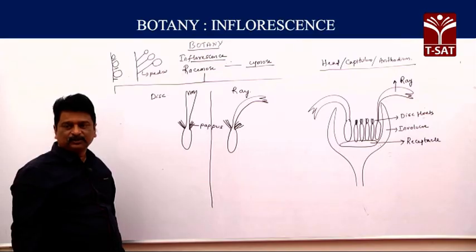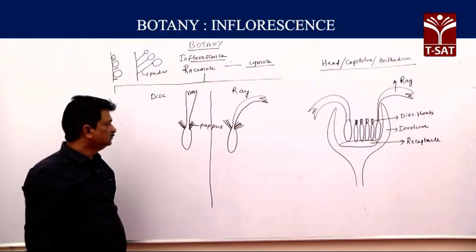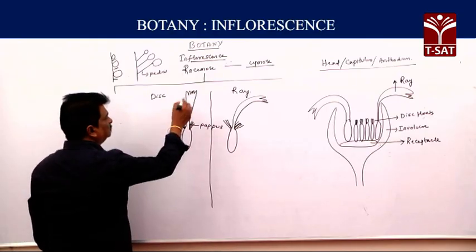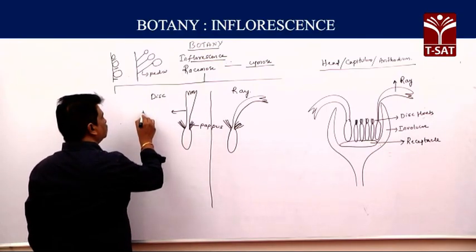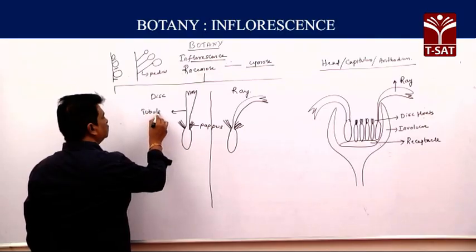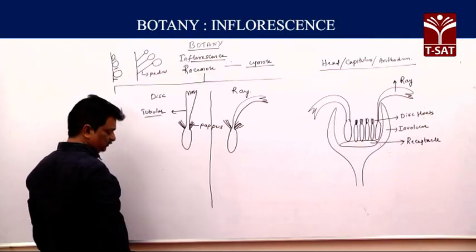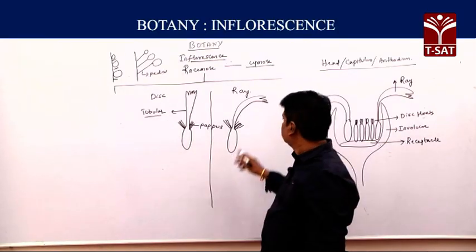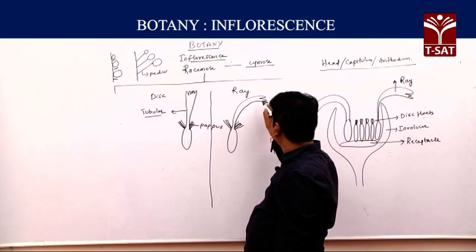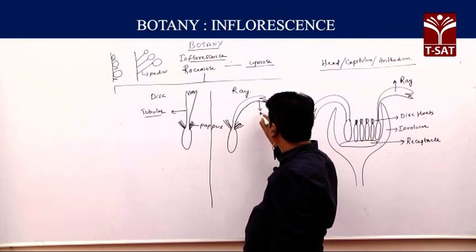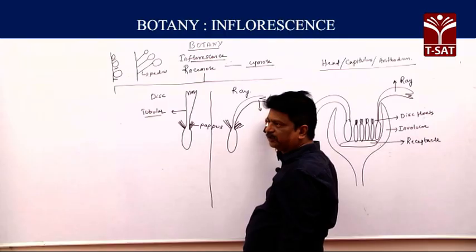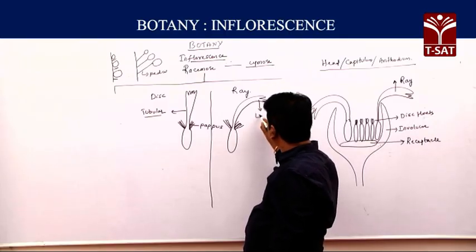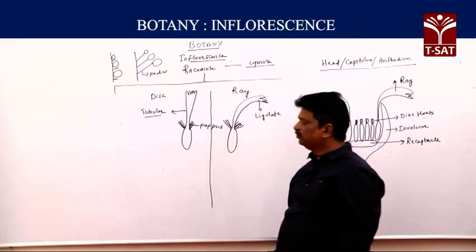Second one, corolla. In disc florets, the 5 petals fuse to form a tubular corolla. In ray florets, among the 5 petals, 2 are reduced, 3 are normal. These petals fuse to form a tongue-shaped, called ligulate corolla.